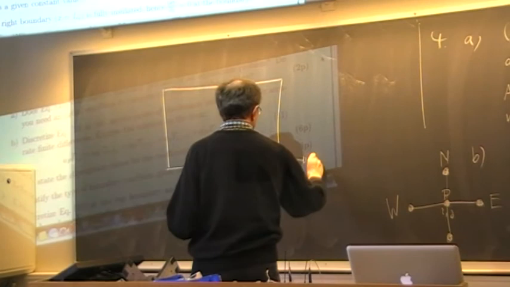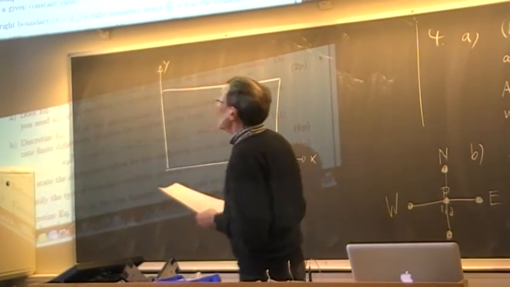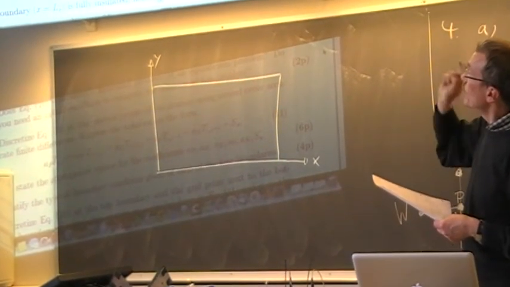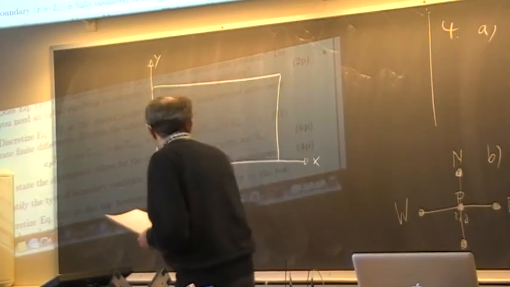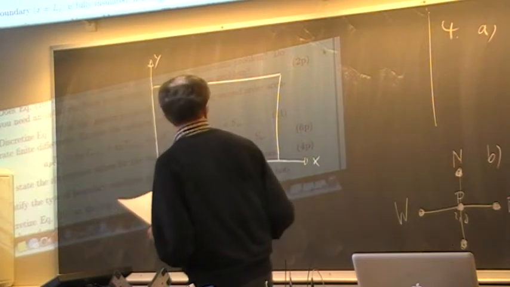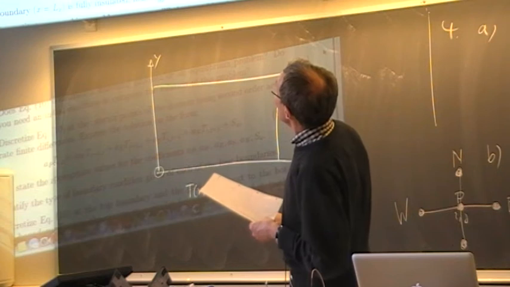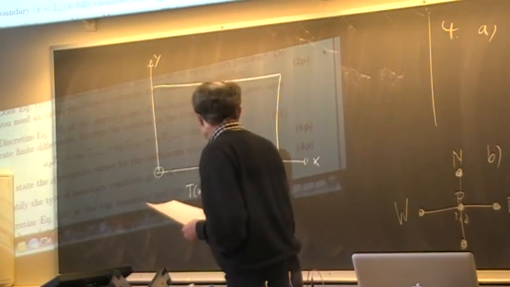So here, this is the x, this is the y direction. Let's start with the bottom boundary. At the bottom boundary we have T of x, 0. So here we have the origin, obviously. T of x, 0 is equal to some function T b of x.